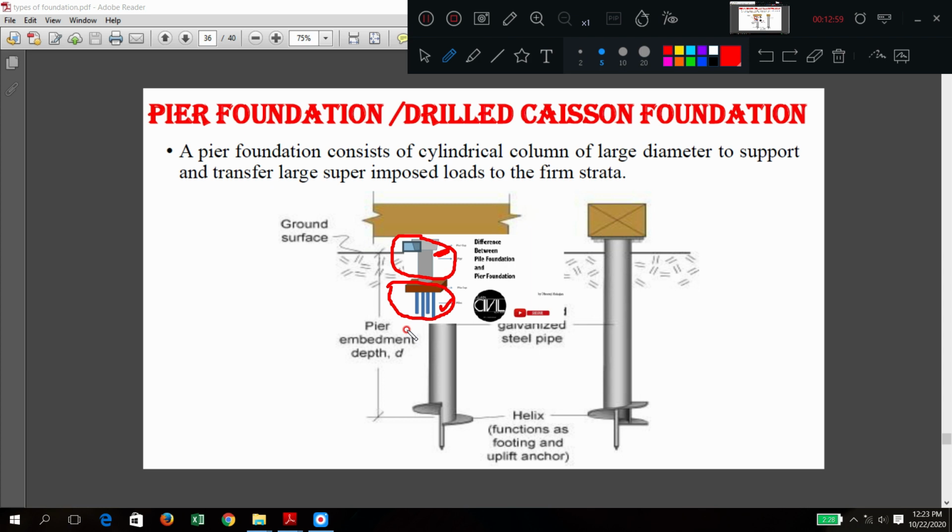Okay, don't get confused. This is the schematic representation of a drilled caisson or pier foundation. Drilled means what? It is circular and coming and drilling. Helical shape. The bottom is helical in shape. Okay, it acts as what? Anchor. It acts as one anchor.